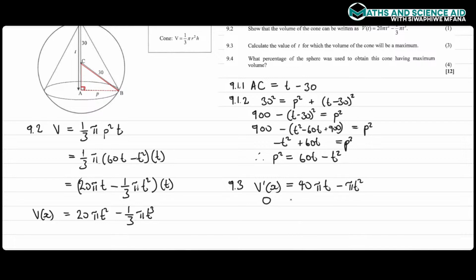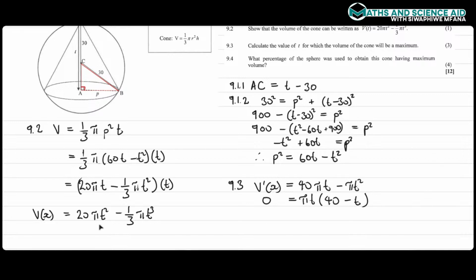And then we need to make this 0. Now what we can do is take pi t as a common factor. If we do that, here we're going to be left with 40 minus t.